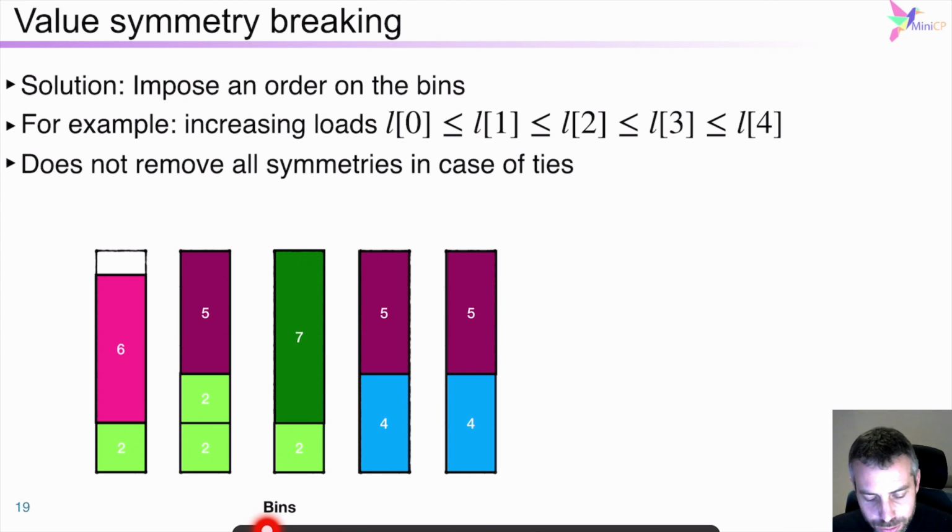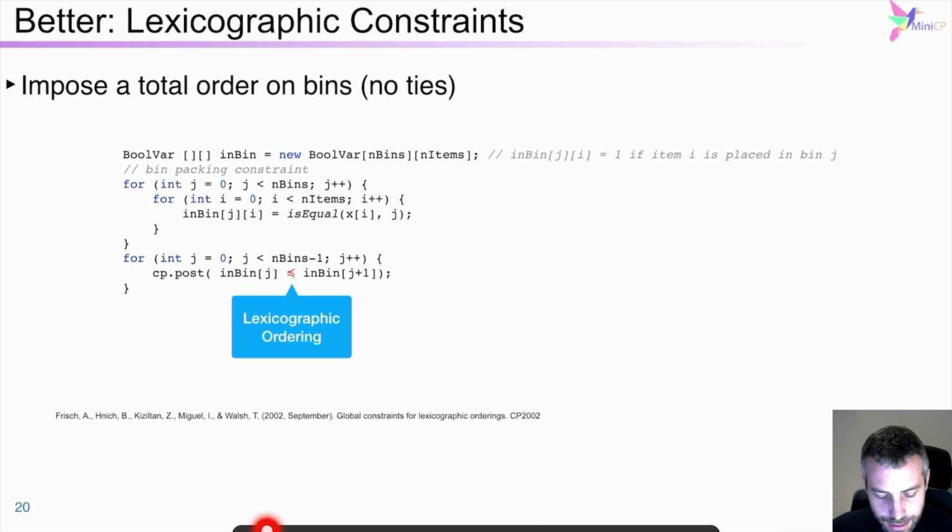Instead, what you can do, which is a little bit better for the bin packing problem, is impose a lexicographic ordering, which I represent with this constraint that is not implemented. That's pseudocode. I can impose that the vector of bin number j is less than or equal to the vector of bin j plus 1. This is a special type of constraint that we call the lexicographic ordering constraint.